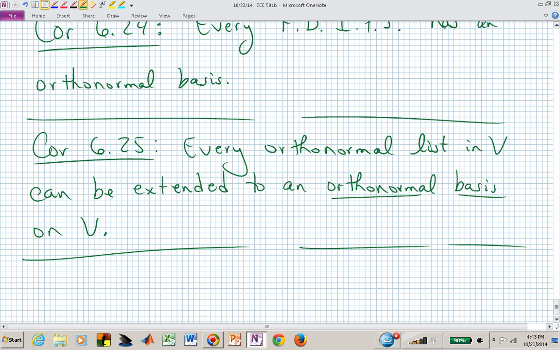Now you don't necessarily have to have a complete list to begin with. You just need an orthonormal list. Maybe your vector space is 10-dimensional, and maybe you have an orthonormal list that's 6 in length. How do you create a basis? It says we can do it.